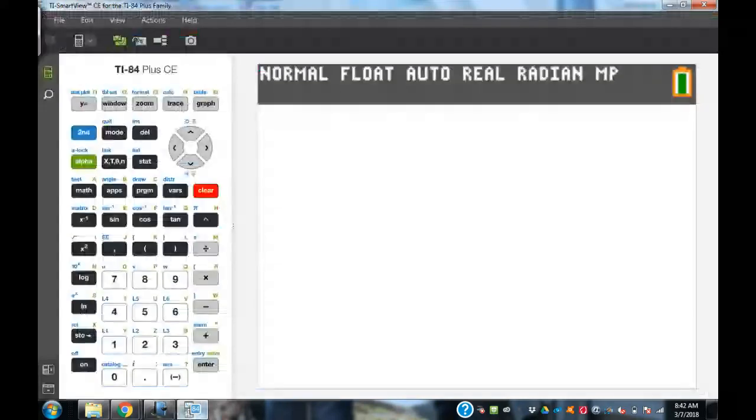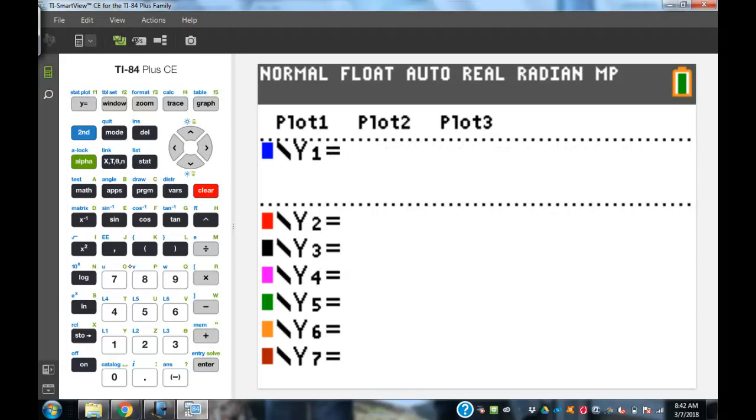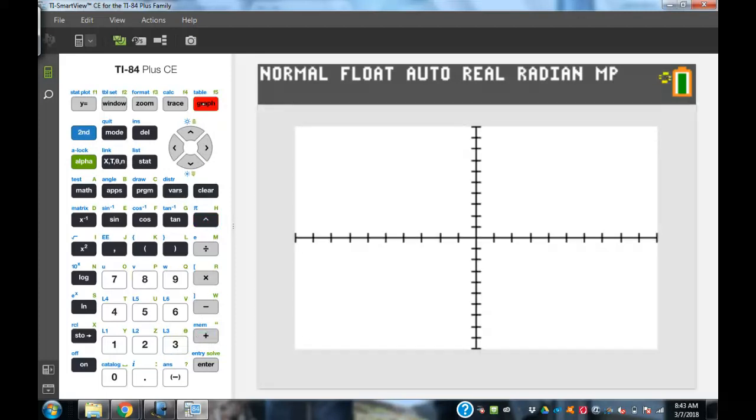If you graph x to the third plus 8, where's it crossing the x-axis? Negative 2. That's where that's coming from.